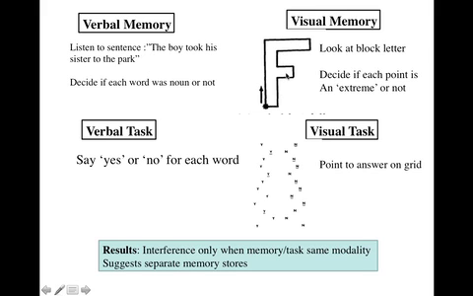So this suggests that there are in fact perhaps different stores for visual and auditory memory, because those retain the characteristics of the respective sensory modality. So when you're doing a visual memory task, you're really engaging your visual system to some extent, and so if you then have to do a different visual task like this one, that can interfere. But if you have to do an auditory task, it doesn't.